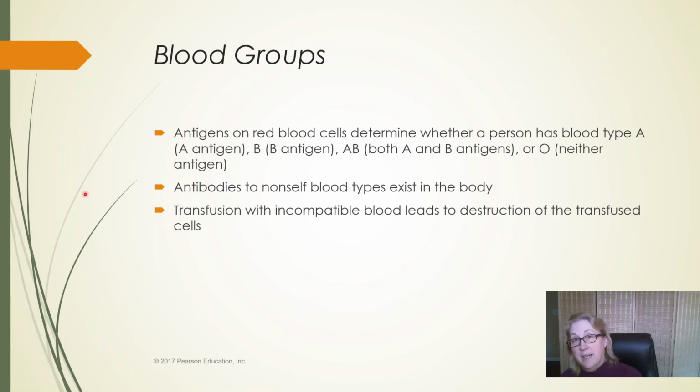You won't have antibodies against your own antigen. So if your blood type is B, you won't have anti-B antibodies. People who are blood type O will react to A or B. But O doesn't have the A or B antigen, so that's why O is the universal donor.